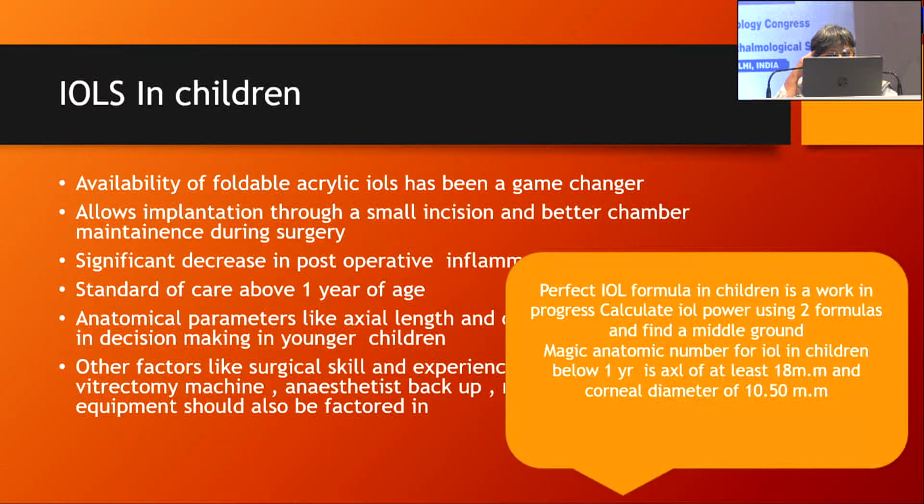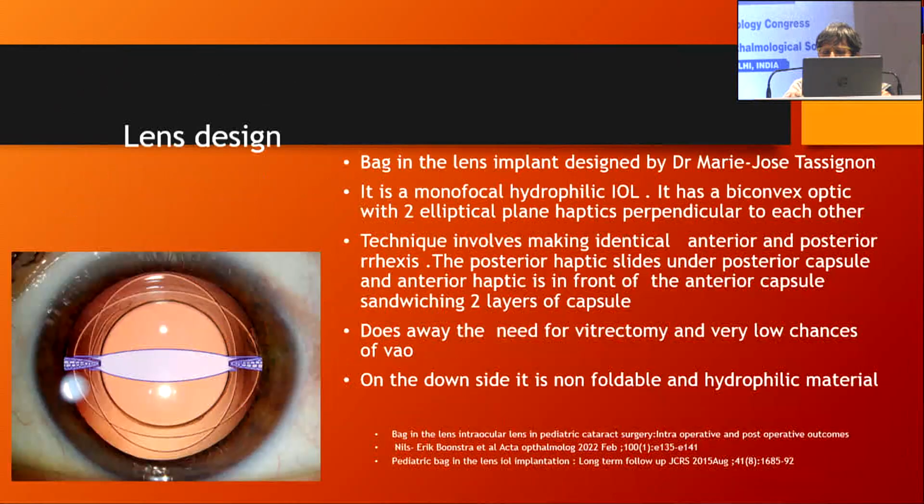Now, the perfect IOL formula is still a work in progress, and what we do is calculate lens power using two formulas and find a middle ground. We have done some work on Barrett's formula for children, and the prediction error was pretty much the same as for other standard formulas which we have used.